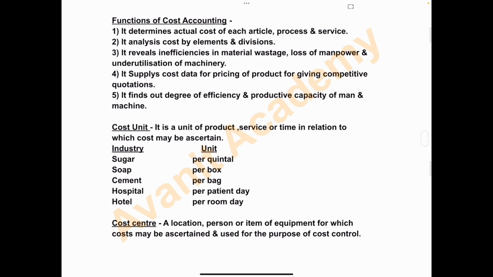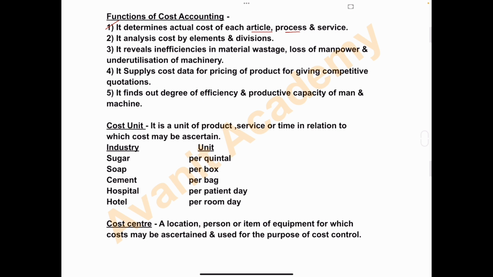Next, we'll learn the functions of cost accounting. This topic may be asked for 5 marks. Number 1, it determines actual cost of each article, process and service. So the first important function of cost accounting is to find out the actual cost of each article, process and service. Second, it analyzes cost by elements and divisions.